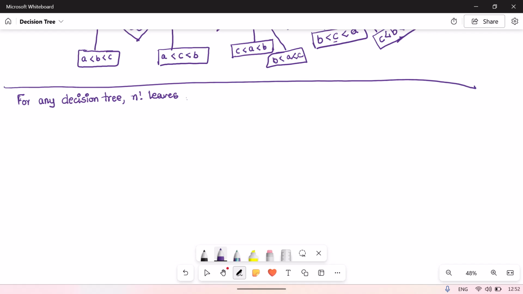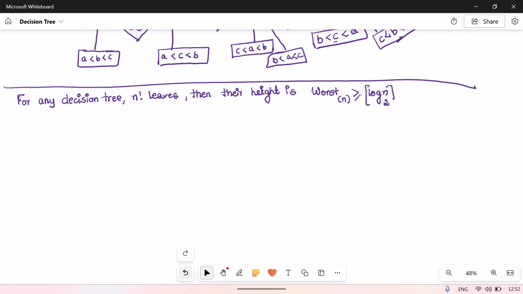If there are n factorial leaves, then their height, in the worst case, is log n factorial to the base 2. It's not a bracket, basically. It's not a bracket. Don't get confused. Like this.